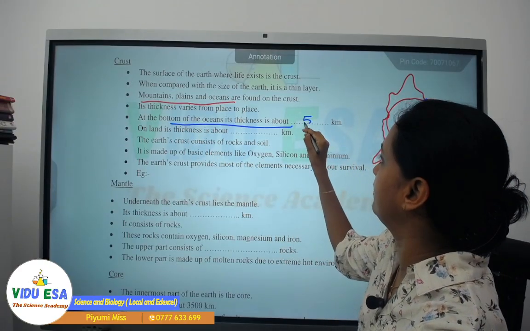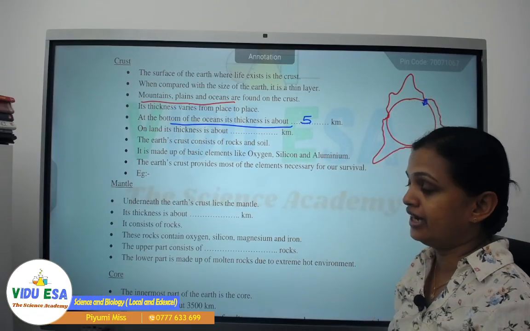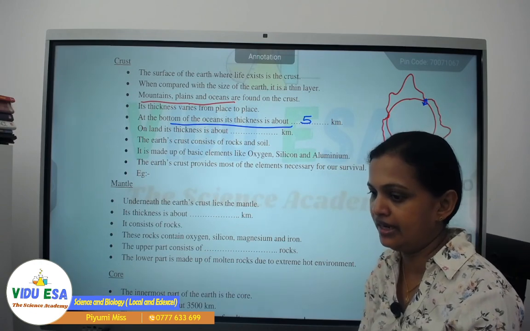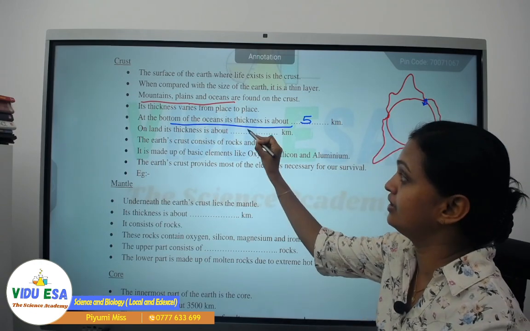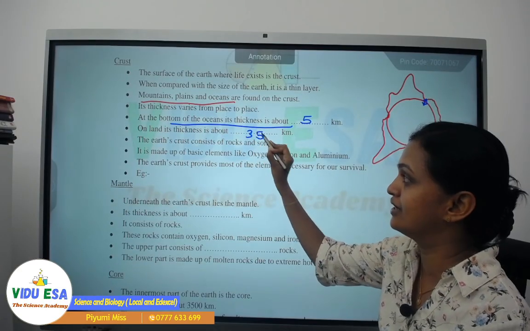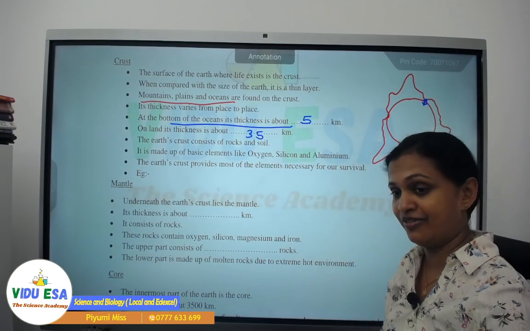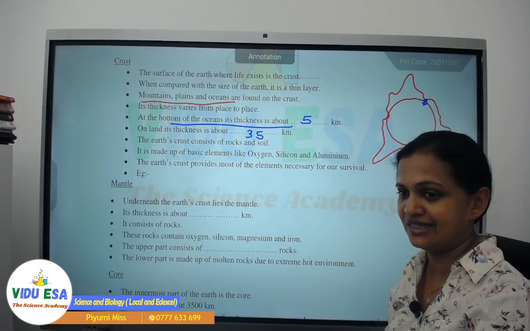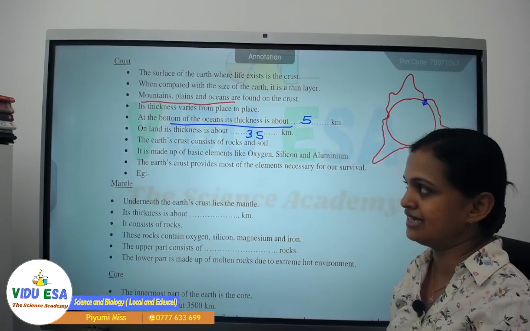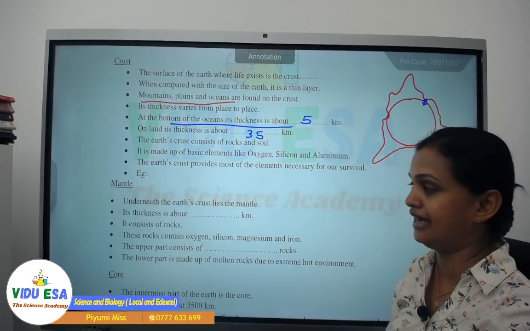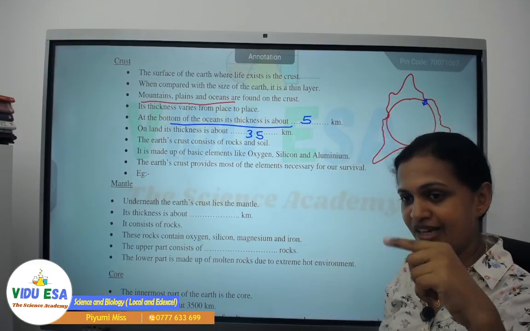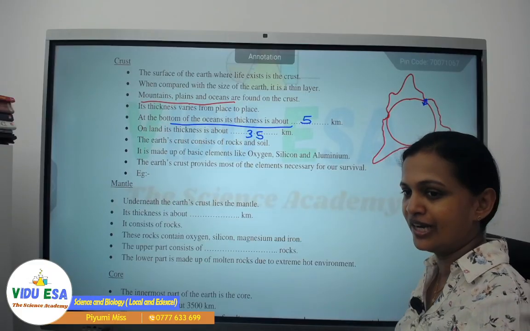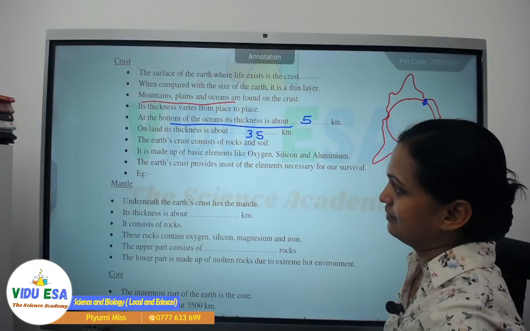On land, there are highlands as well. On land, its thickness is about 35 kilometers. So it is also not that thin. But when compared to the thickness of the whole of the Earth's layers, this crust is a very thin layer. That is why we mentioned that we can compare it to the shell of a boiled egg, right?